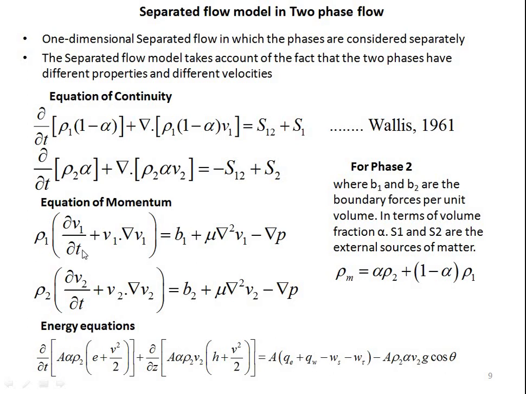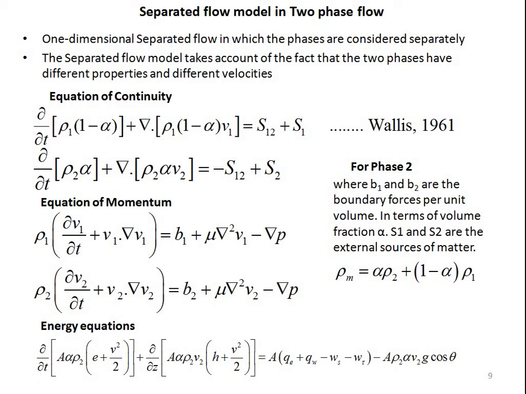this part: rho 1 times (del v1 by del t plus v1 dot grad of v1). This is actually rho 1 dv by dt, where dv by dt is the substantial time derivative of velocity.